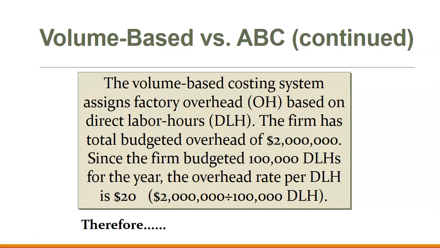So in our volume-based costing system, we assign factory overhead based on the number of direct labor hours. We have total budgeted overhead of $2 million, and we have budgeted 100,000 direct labor hours for the year. This gives us a single overhead rate of $20 per direct labor hour.